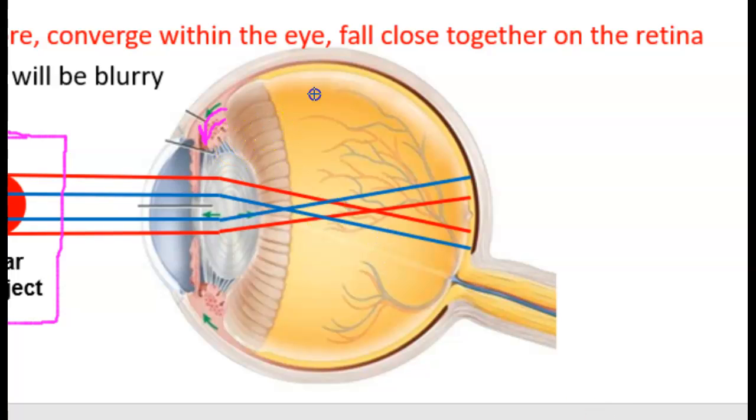So the ciliary muscle contracts, the lens thickens, and now we can see a near object. But of course, in the periphery of our vision, there are distant objects. Those objects will appear blurry because notice how far apart the rays fall on the retina. You don't get a nice fine focused image on the back of the retina when you have a thick lens.